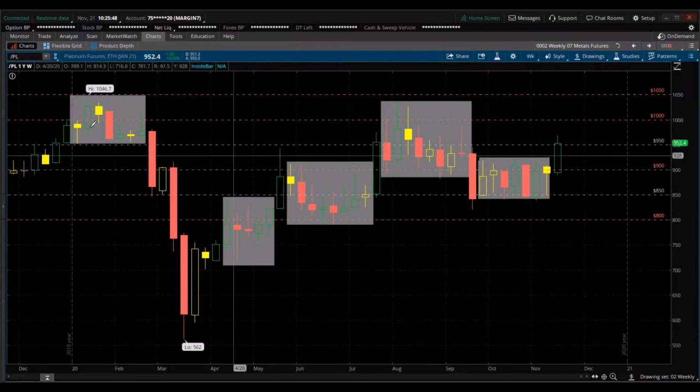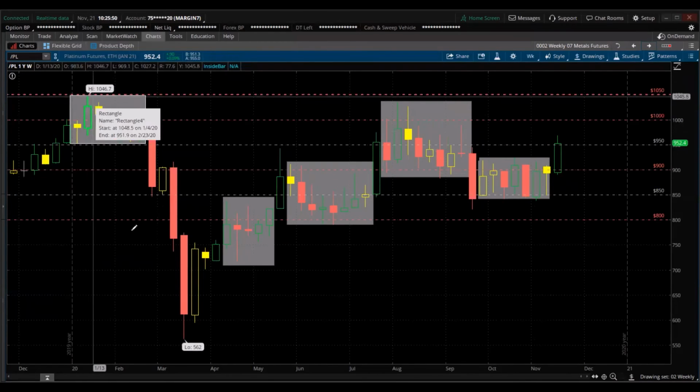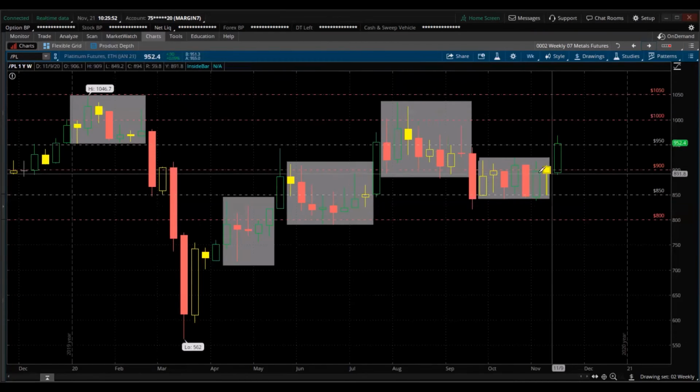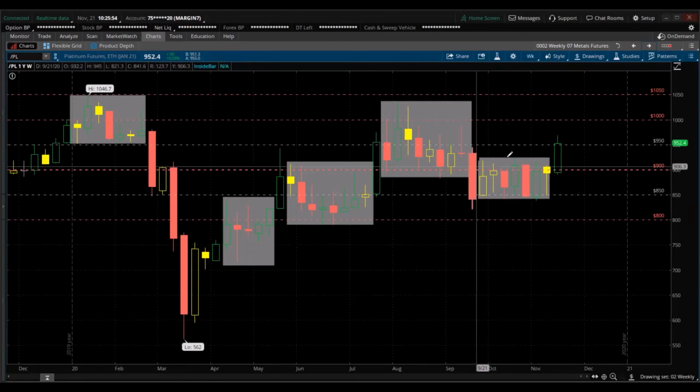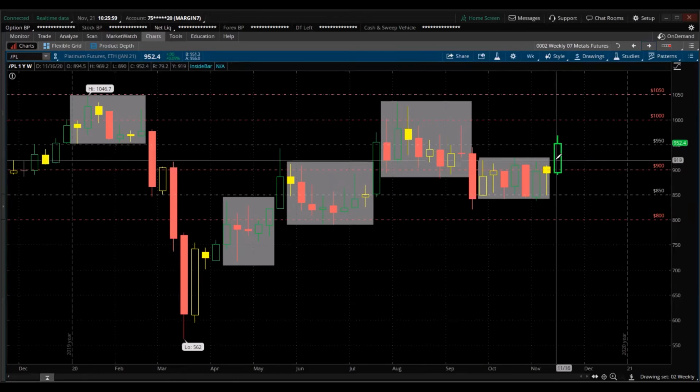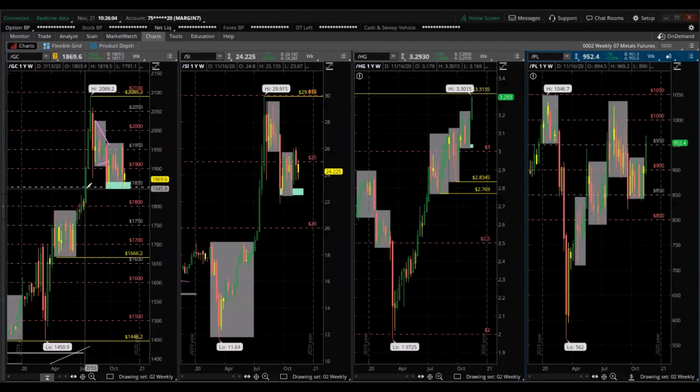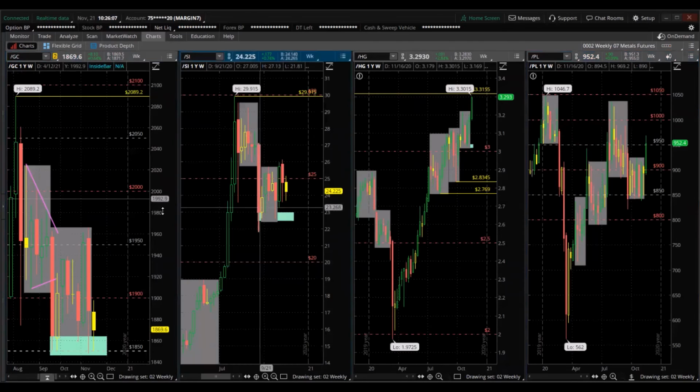Platinum. Here's the high of the year, the beginning of the year. Here's the low. And here we are now. Also, look at that huge demand. It broke out of this consolidation to the upside. So there's a move for that. Interesting. Big difference than the gold and silver. Look at that. Gold has been trending down.